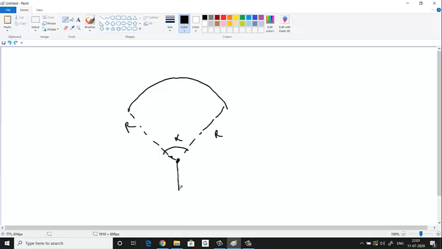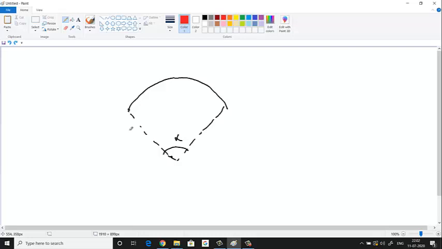For a positive charge, the electric field is going to be in the minus j cap direction. If we had negative charges, then how will the electric field be? In the upward direction. That's all.